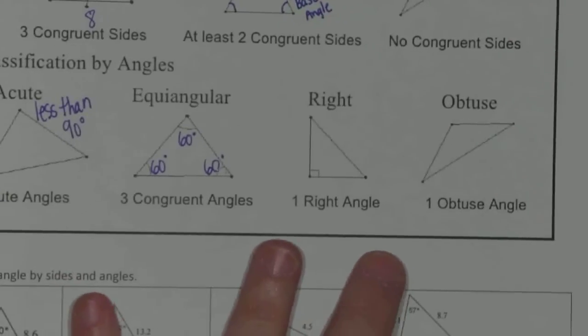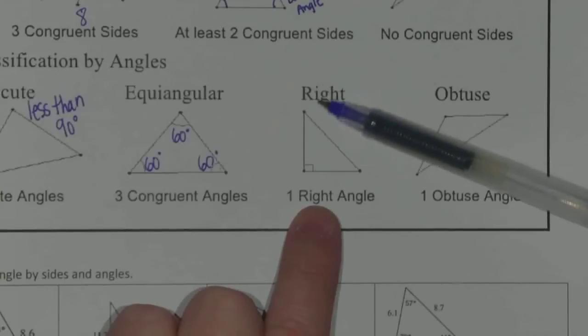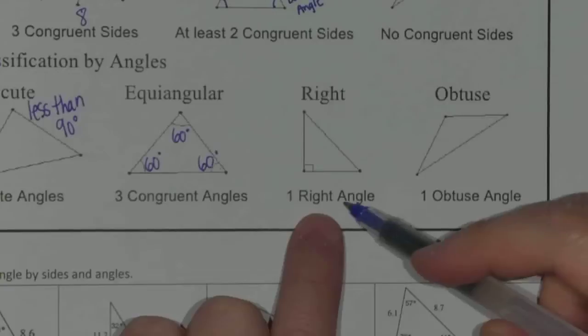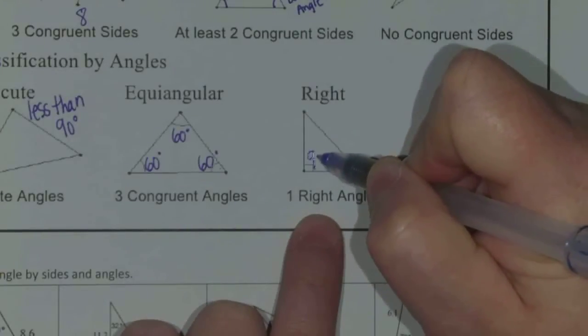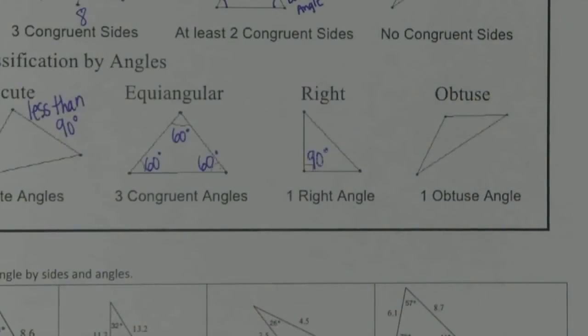Okay? All right, the next kind of triangle that we classify by its side or by its angles is a right triangle. A right triangle means it has one right angle. What does a right angle measure? 70. Ooh, that's close. 90. It means it has one 90-degree angle in it, which automatically means the other two have to be acute because of that one 90-degree angle.